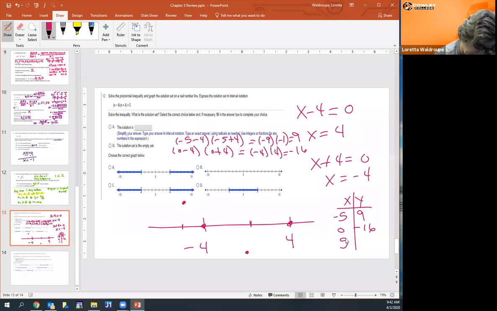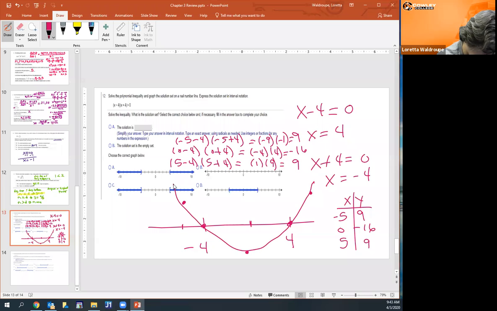What if we put a positive 5 in there? Then we have 5 minus 4 times 5 plus 4, or 1 times 9, which is a positive 9 again. So at 5, we're up here. So here's my graph.